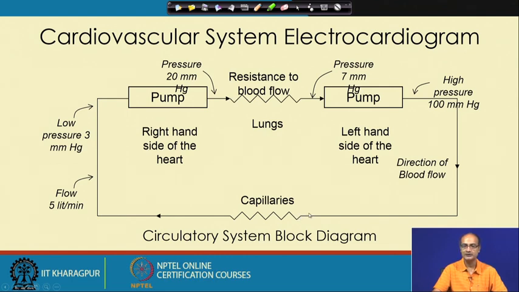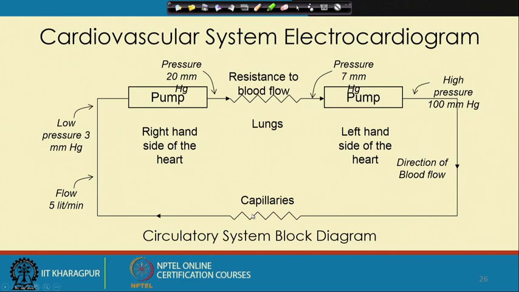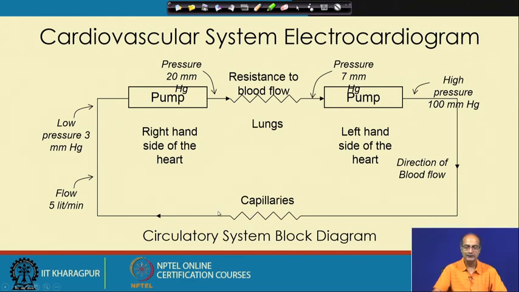The arteries take the blood to different parts of the body, and then it branches out into the capillaries. Through that it reaches every cell, and from there it is again collected through the capillaries and, through the branches, in the veins, and it comes back again to a smaller pump, which gets it at a very low pressure of 3 millimeter mercury, and it accumulates there.